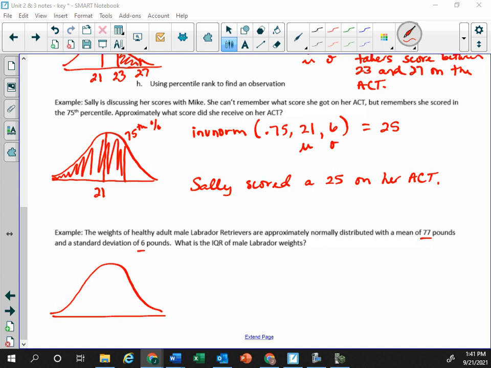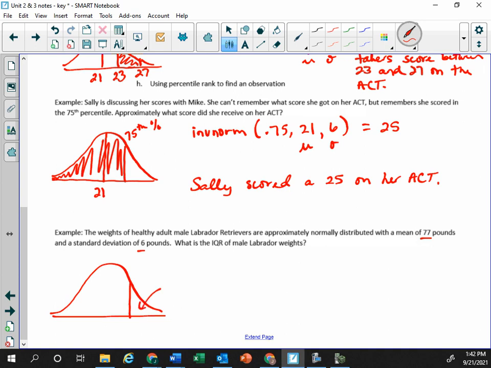That's fine. If you want to go to the tenth, great. If you want to go to the nearest pound, great. That's totally fine, because if you think about it, putting in 0.25 is basically saying which end did we look at.